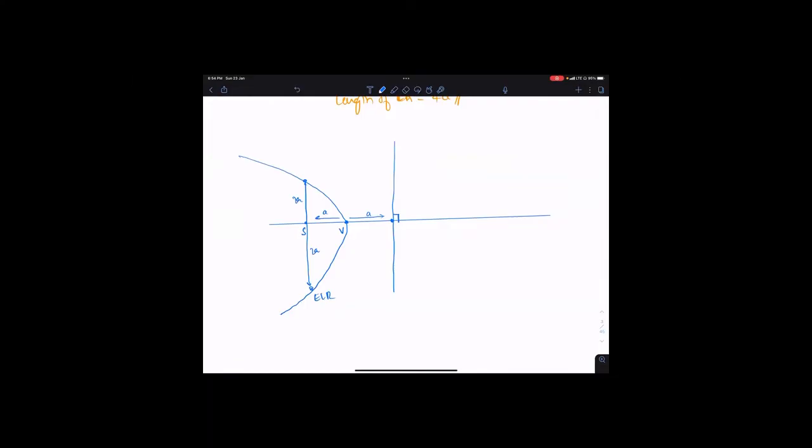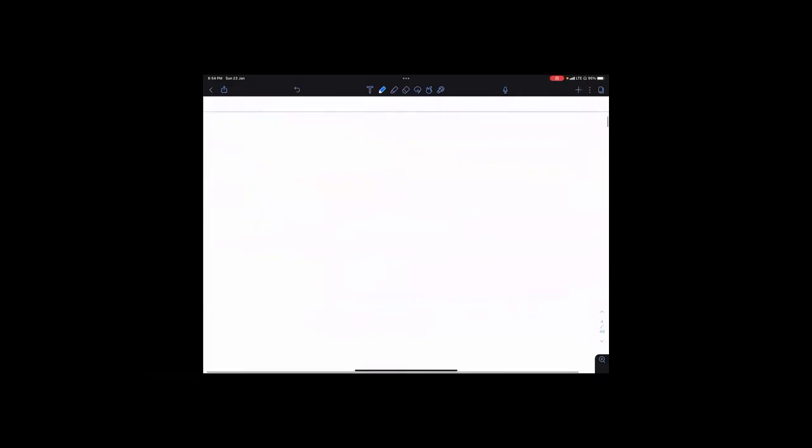Now, let us see the standard equations of the parabola. We can write them in two ways, and understanding both is important. Way number one: if the parabola is opening right, the standard equation is y square equals 4ax, where the vertex is 0, 0.